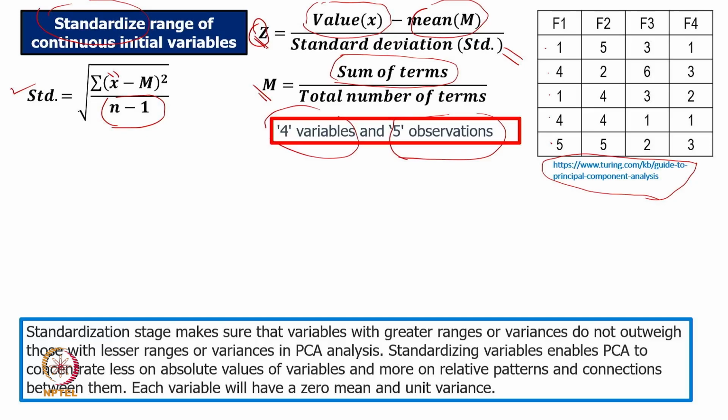I can take 2 variables and 50 observations, that is a possibility, right. So, we are making a sort of matrix where f1 is a variable, f2 is a variable, f3 is a variable, f4 is a variable, and along the columns 1, 4, 1, 4, 5 are the observations or values which we are getting, right.